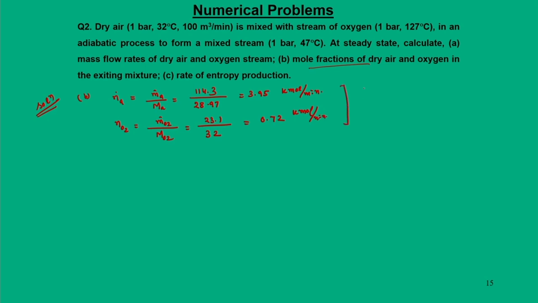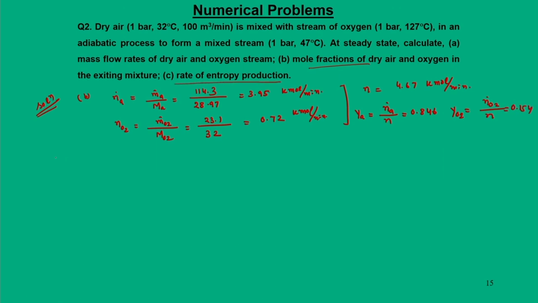So the total number of moles N is this plus this, 4.67 kilomole per minute. Then YA, the mole fraction of A, is n dot A by N, 0.846, and Y O2 is equal to n dot O2 divided by N, this is 0.154.